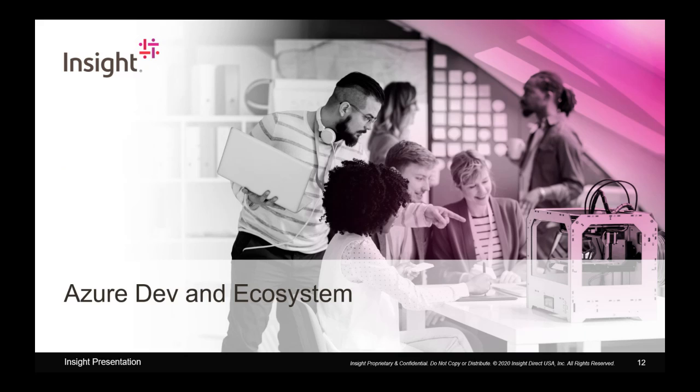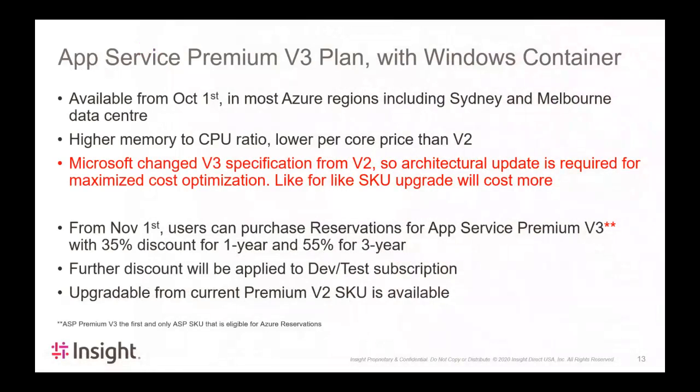So first of all, we all know the Azure App Service Plan v3 Premium has been released to replace the traditional v2 Premium version, and with Windows container support as well. Usually before that, we only did Linux. It's available from 1st of October in most of the Azure regions, including the Sydney and Melbourne data centers.